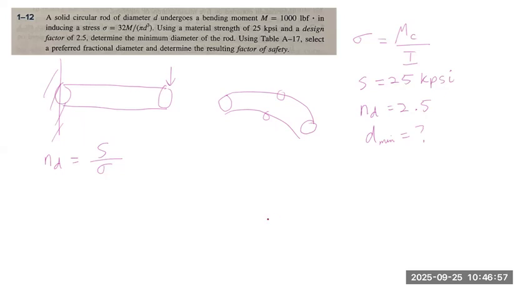So here, our nd is going to be equal to the material strength of 25 kpsi, which is 25 kips, over 32 M over pi d cubed.